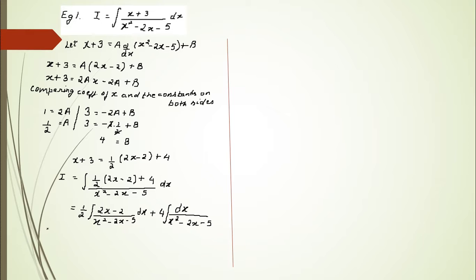Therefore now I is equal to 1 by 2 into I1 plus 4 into I2, where I1 is equal to integral of 2x minus 2 divided by x square minus 2x minus 5 dx, and I2 is equal to integral dx by x square minus 2x minus 5.